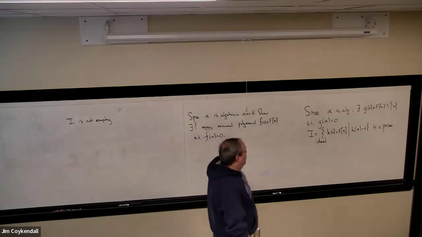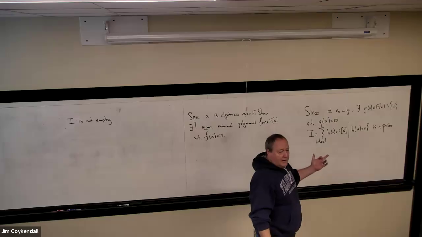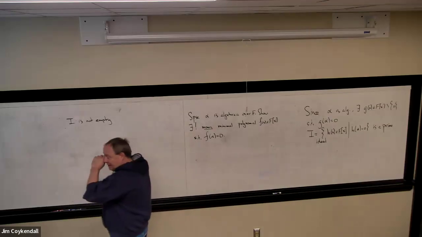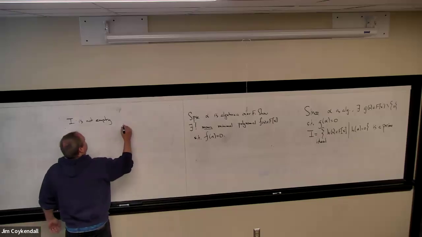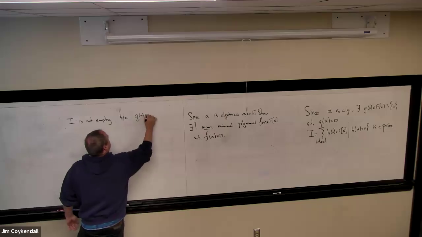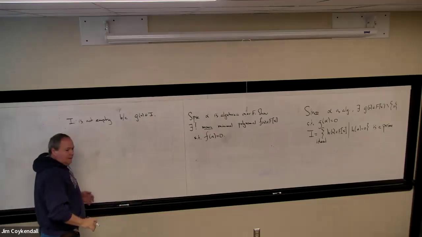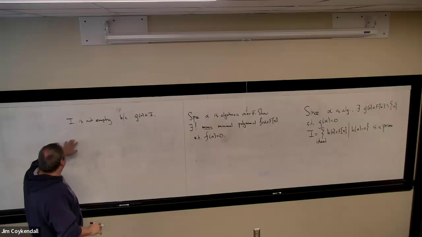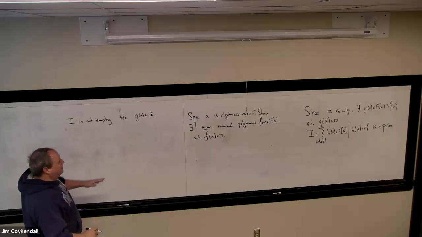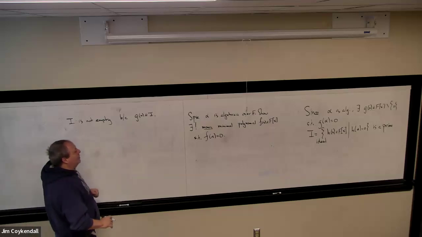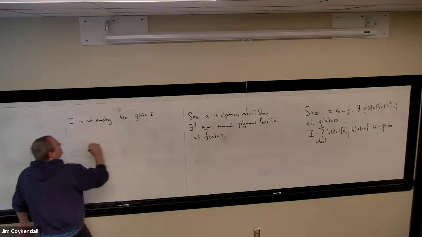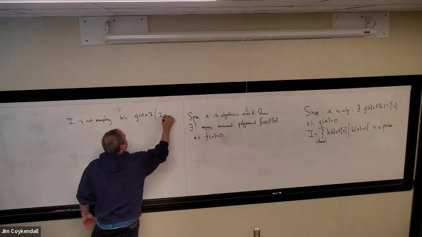No. It's going to be a principal ideal because you're living in a PID. Yeah, exactly. Right. I is not empty because g(x) is in I. And actually, technically zero's in I as well, but I wanted to make sure that this is a non-zero ideal. And I is not zero.